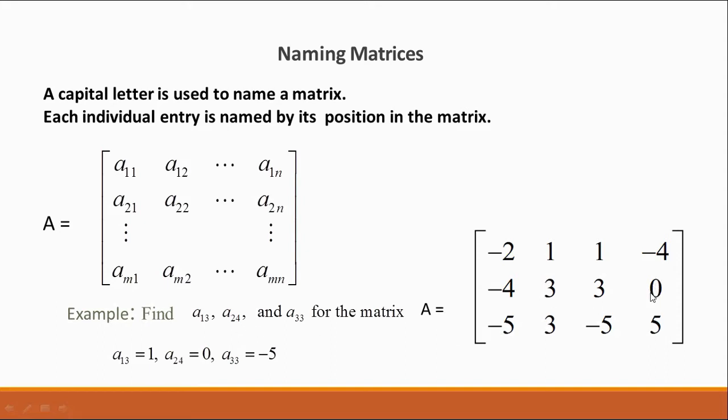This is the second row and fourth column. So the element of second row and fourth column is 0. Now A33 means the element of third row and third column. At this position we get -5. This is the A33 position, third row and third column. So in this position we have the element -5.